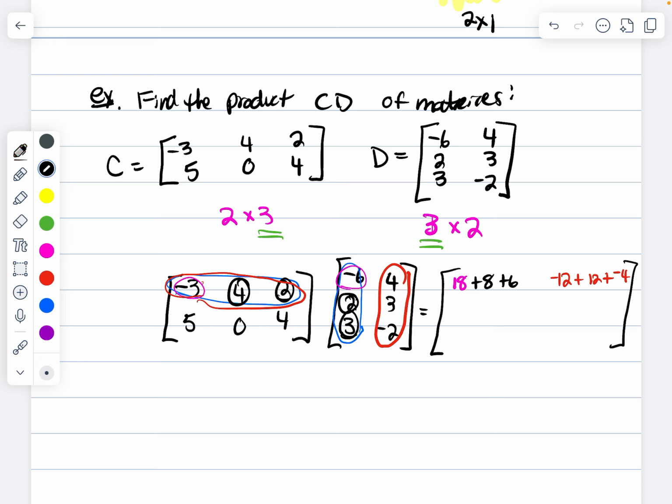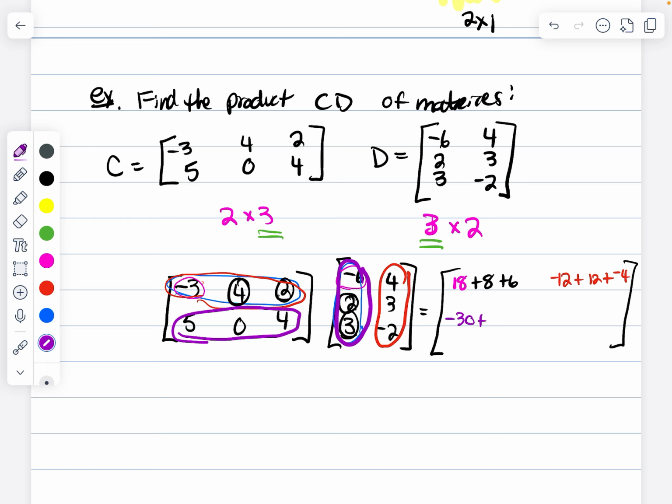So we're done with this first row of the first matrix, right? And now we're going to the second row, first column. So 5 times negative 6 would give us a negative 30, plus 0 times 2, which is 0, plus 4 times 3, which is 12, and we are adding.